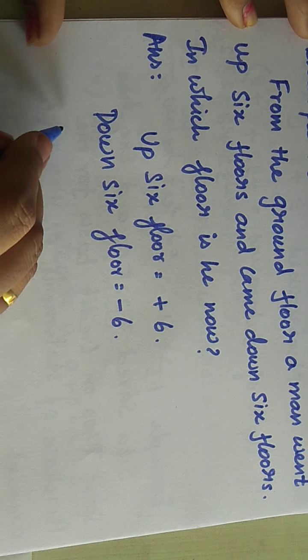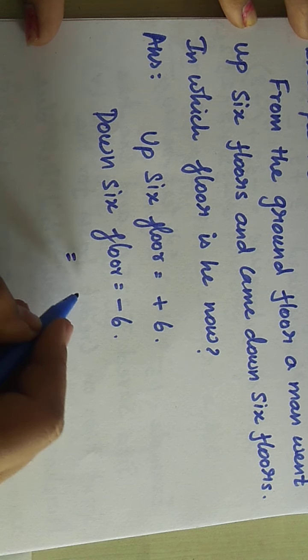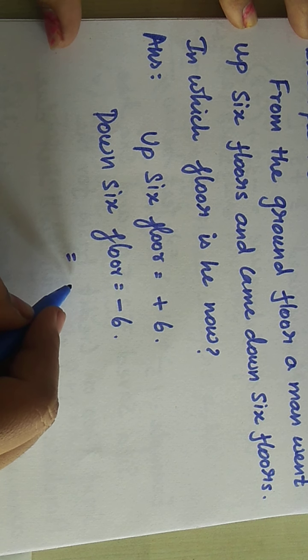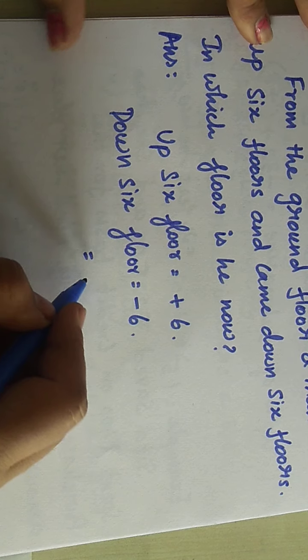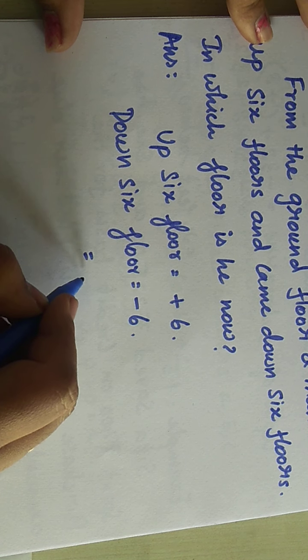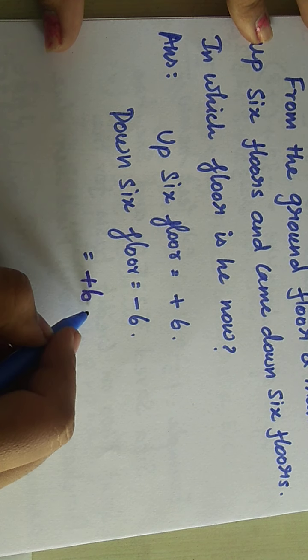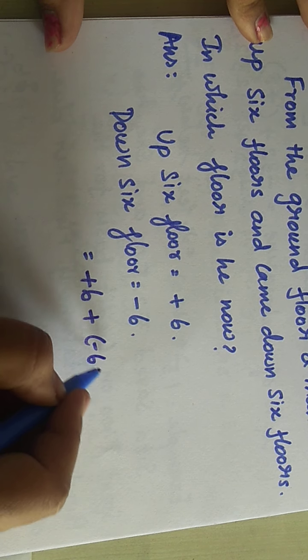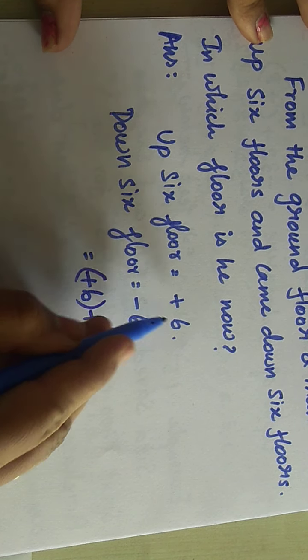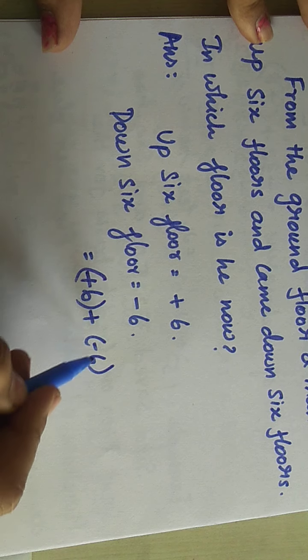So we have to find whether he is in the ground floor or the 6th floor, whatever floor it is. For that we have to add the distances. So plus 6 plus minus 6.